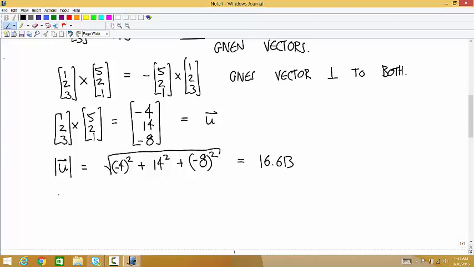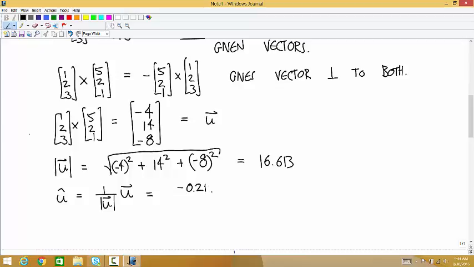And then the unit vector is equal to 1 over that length times the vector. So what's negative 4 divided by 16.613? I got 0.241.